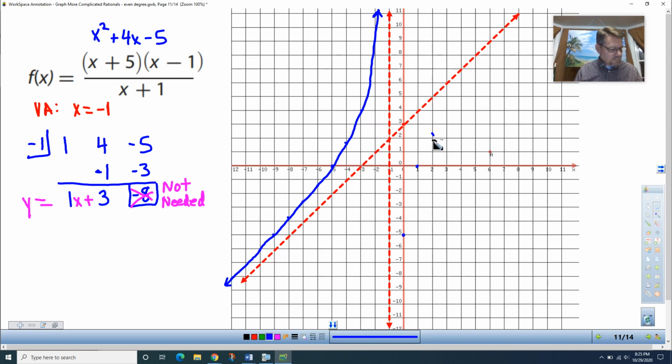Then 3, 4. Then 4, 5.4. Right there. 5, 6.7. 6, 7.8. 7, way up here. It's actually 8 and a little bit. And then 7, 9.